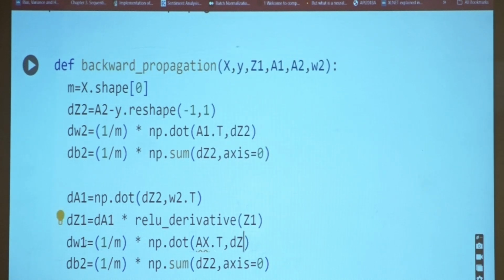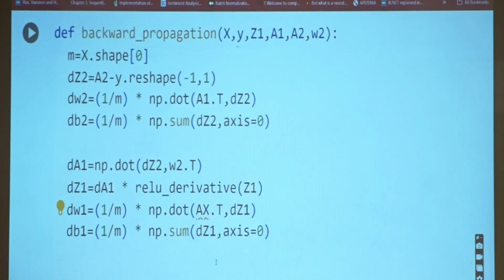What is a1? The activated function. Not all the neurons are activated here, right? So the size is changed, so I'll go for the transpose of the matrix. So np dot of a1 transpose with dz2. What is db2? Change of dz2 with respect to b2. Similarly, I will do with a1, dz1, dw1, db1.